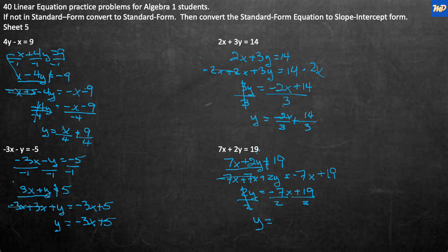Negative 7 over 2x plus 19 over 2. Or it could be what? It could be 9 and 1/2.